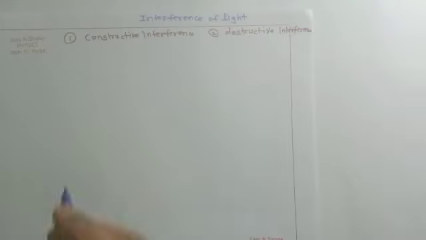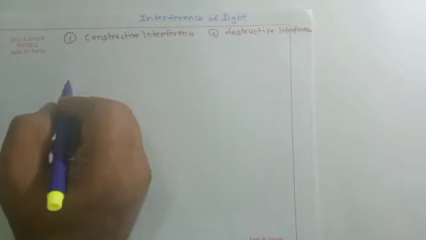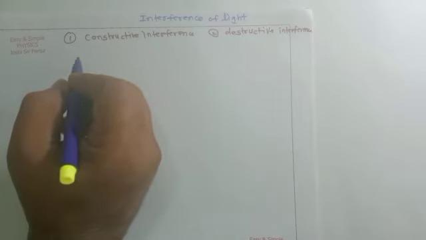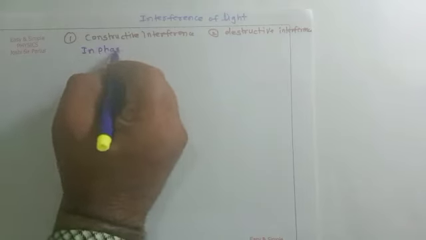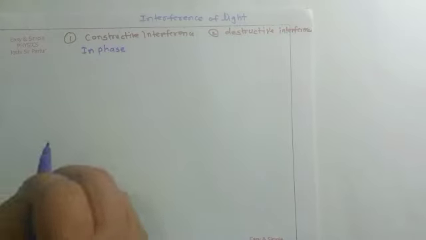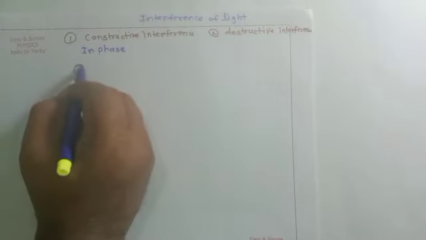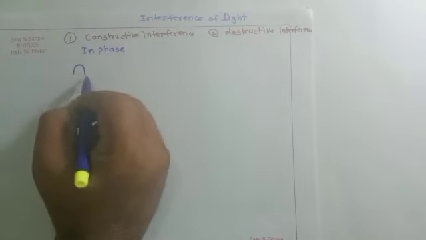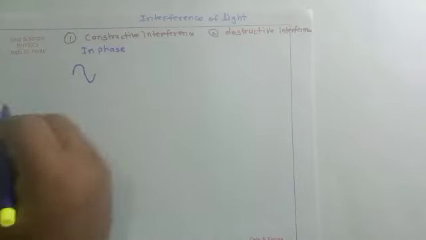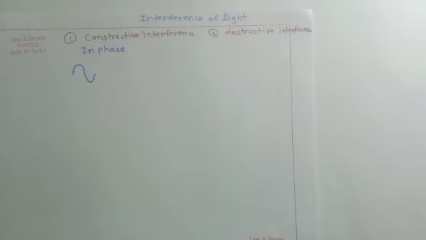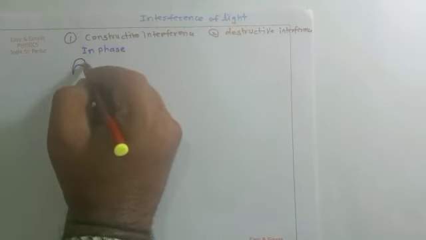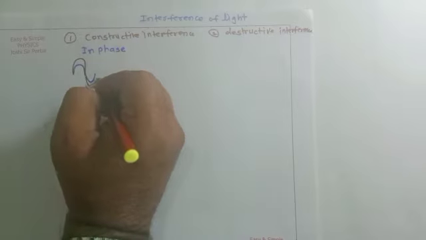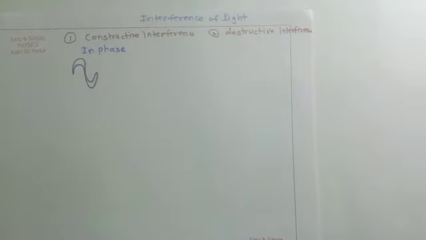When the two light waves arrive at a point in phase, or when crest of one wave is interfered or mixed or superposed with crest of another wave, a constructive interference is formed.